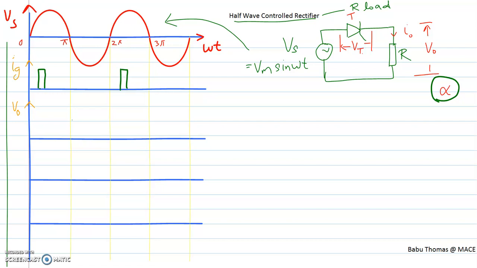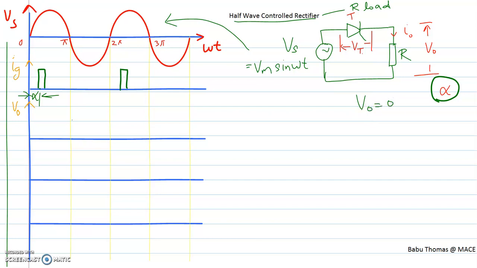Now I am going to plot the output voltage. This angle is your angle alpha. From 0 to alpha, the thyristor is in the turn off state. Therefore, your output voltage V0 will be equal to 0.